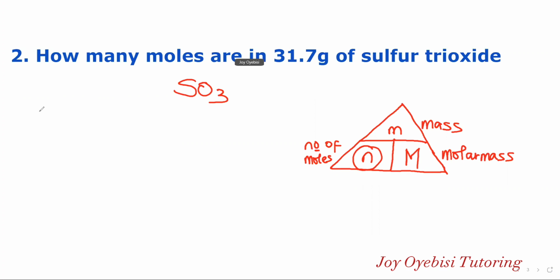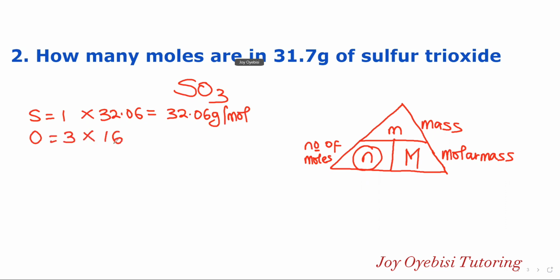So again, we have sulfur to be 1, multiply that by 32.06, which is the mass of sulfur. Then oxygen, you have 3 of them, multiply that by 16, and that is going to give you 48.